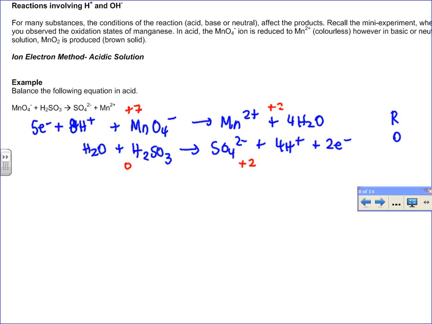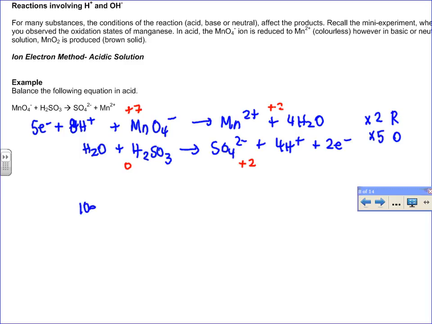Now, as you can see from the oxidation and reduction here, the 5 electrons being gained are not the same as the 2 electrons being lost, so we need to balance those. To do that, I need to multiply the first reaction by 2, and I need to multiply the second reaction by 5, because the lowest common multiple here is 10.